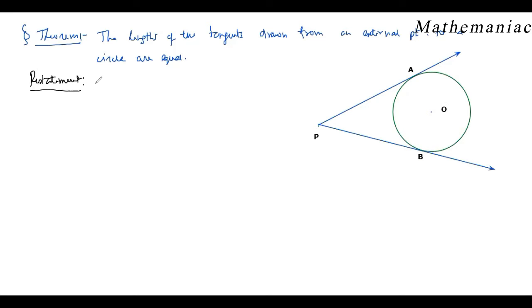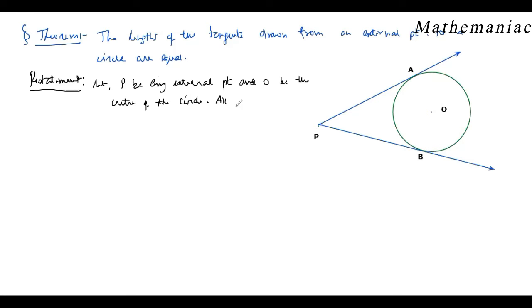Restatement. Let P be any external point and O be the center of the circle. Of course, you can write it like this also: let O be the center of the circle and P be any point in the exterior.